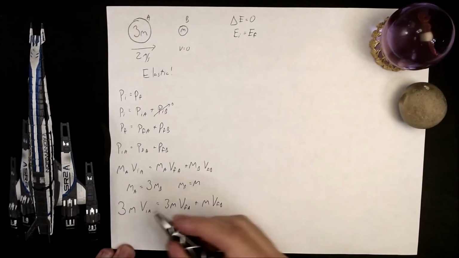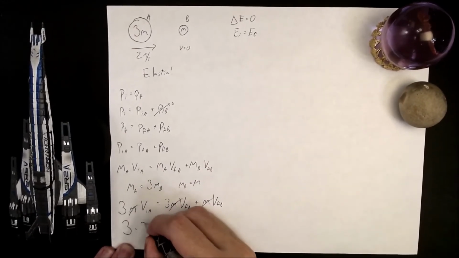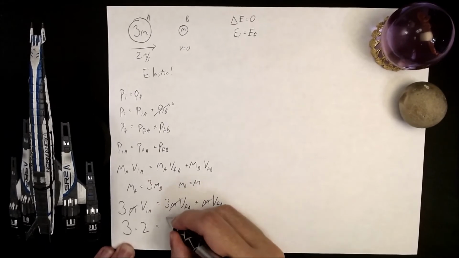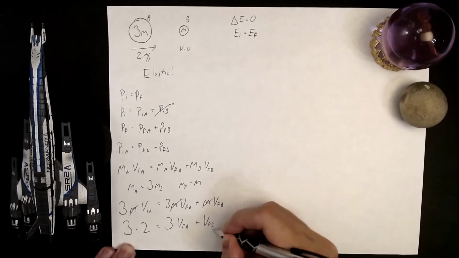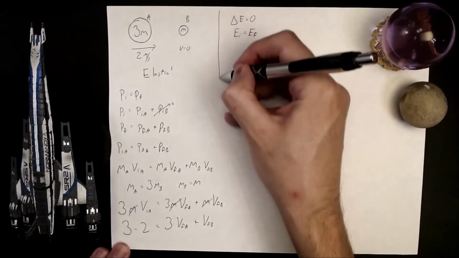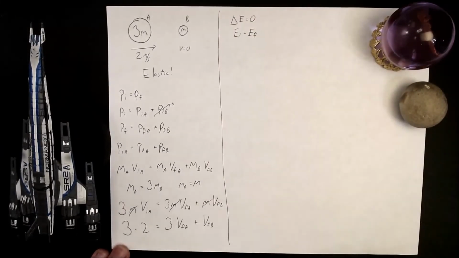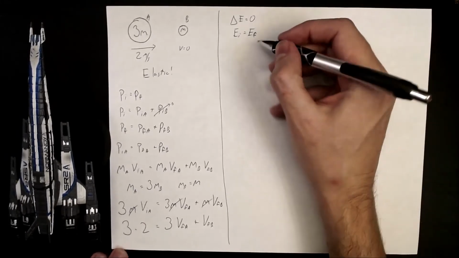So now I've got, oh, and I can take out those m's. So this is going to be 3 times 2 is equal to 3 v final A plus v final B. In other words, 6 is equal to 3 v final A plus v final B. Okay, can't do anything more with that. Got to move on, and we'll move on with the energy.